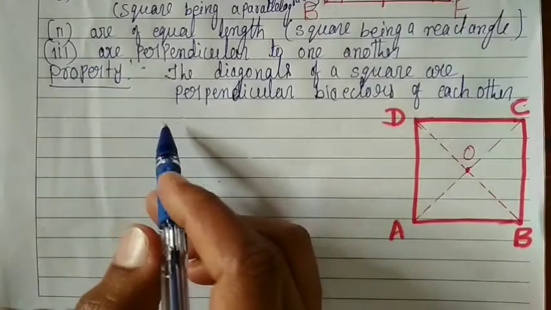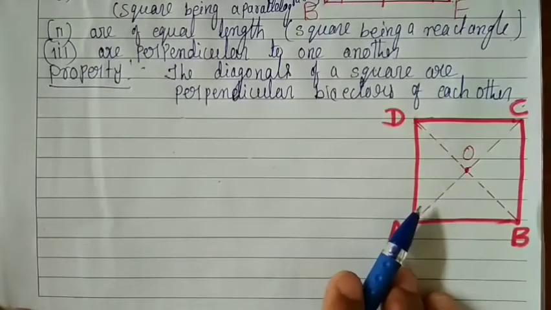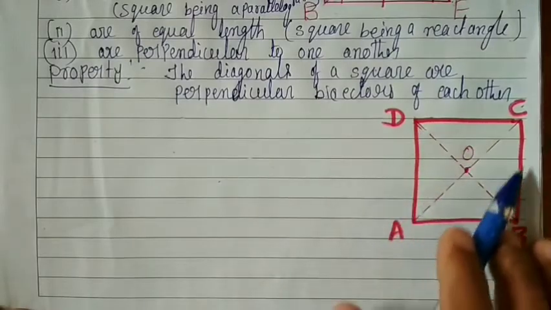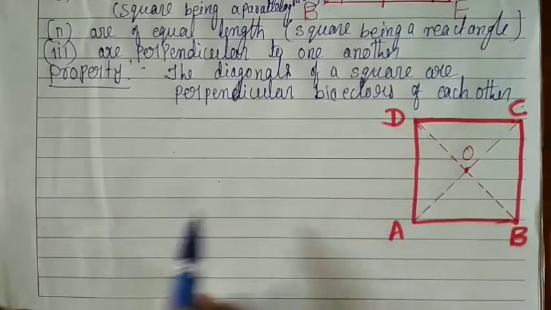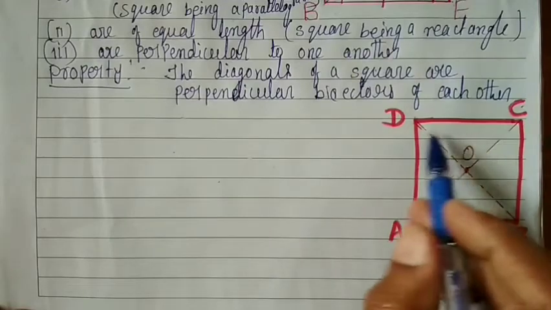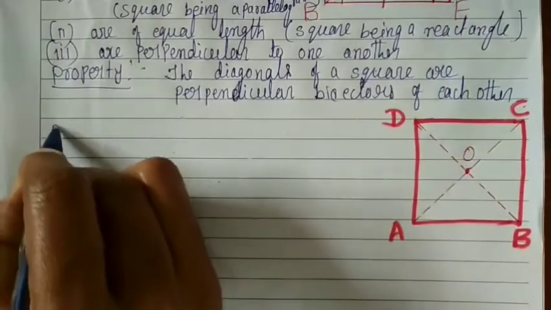We can justify this also by arguing logically. ABCD is a square. Look at this figure.